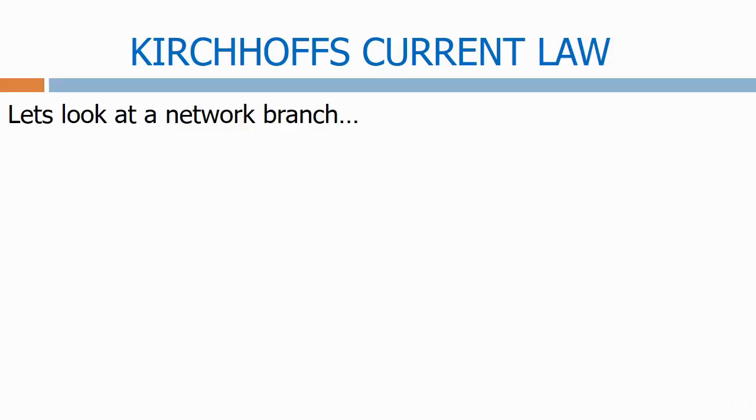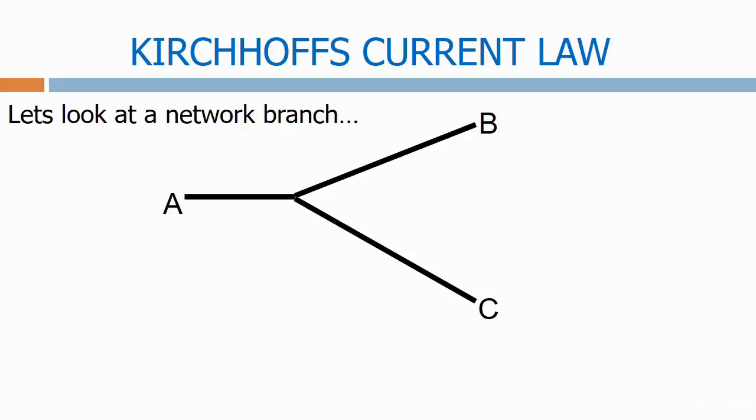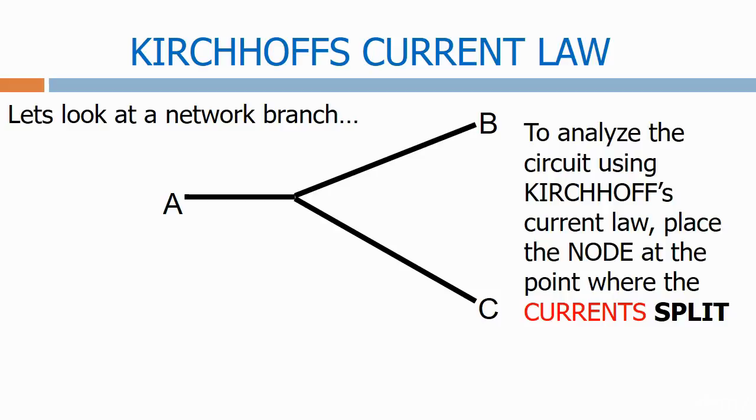Let's look at a network branch. Here we have a branch with ends A, B, and C. To analyse the circuit using Kirchhoff's current law, place the node at the point where the current splits. Put the node here. The current flowing through end B is IB. The current flowing through end C is IC.